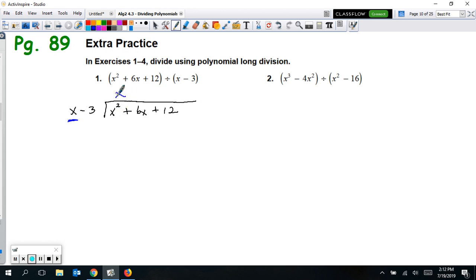And now we multiply, using the distributive property, the x times the x minus 3 to get two terms to go below here. So x times x is x squared. These two terms need to match. If they don't match, then you did something wrong. x times negative 3 is negative 3x. And now what we want to do is subtract. But when we subtract with polynomials, we have to change both of these signs.